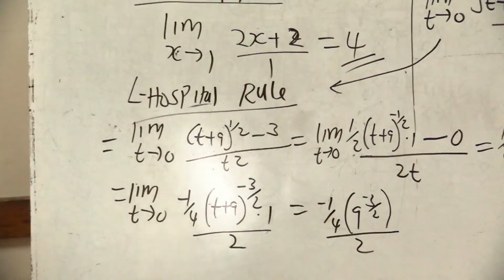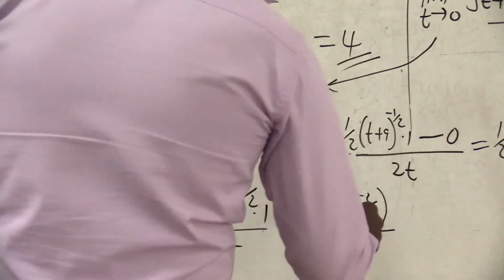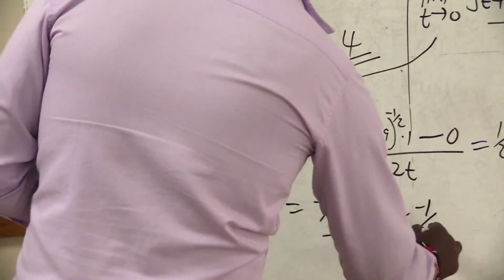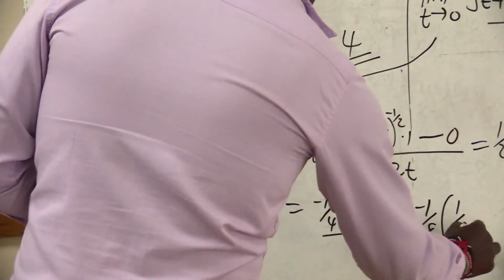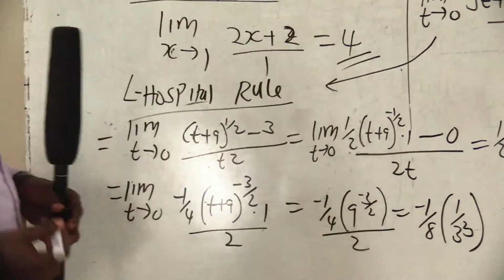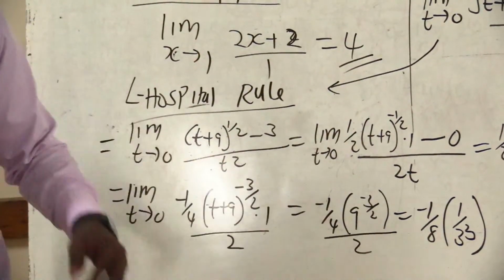And when you solve that one, it is square root, so you get 3. So this will be minus 1 over 8, then 1 over 3 to power 3. I hope we are good with that.